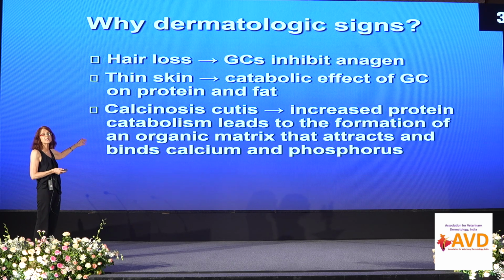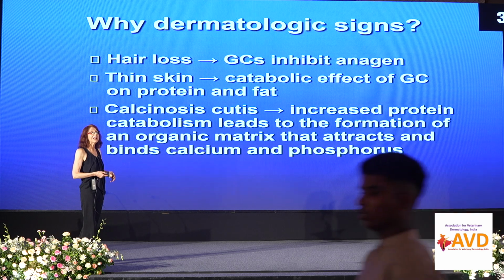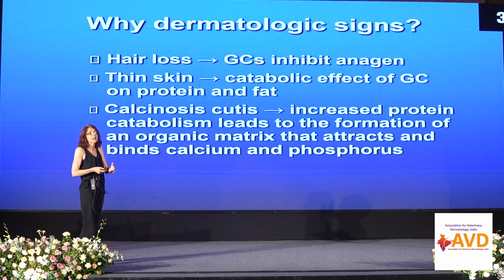Now, calcinosis cutis, I'm sure you've seen that skin calcification. That's a nice marker for either iatrogenic or spontaneous Cushing's. I actually see calcinosis cutis more in iatrogenic Cushing's than spontaneous Cushing's, but either one, that's a marker.